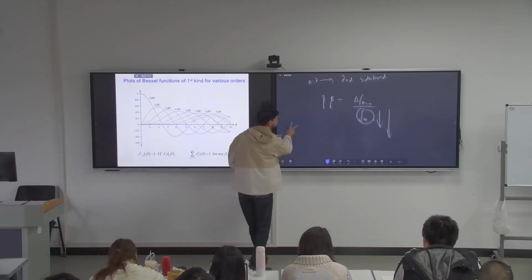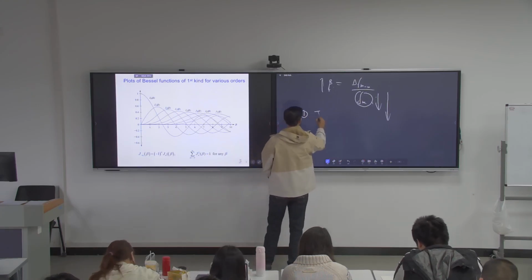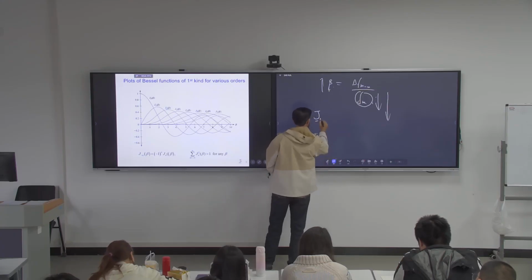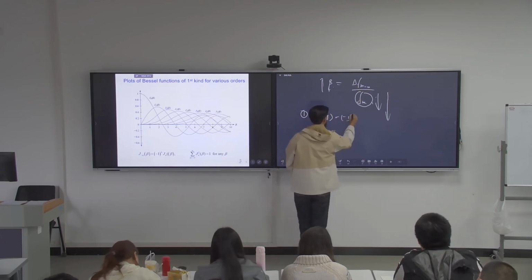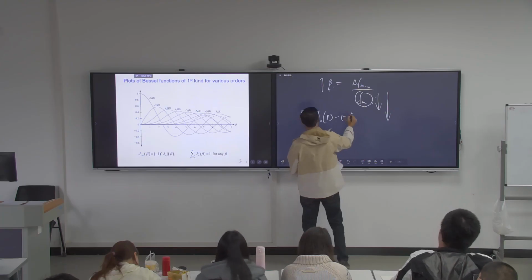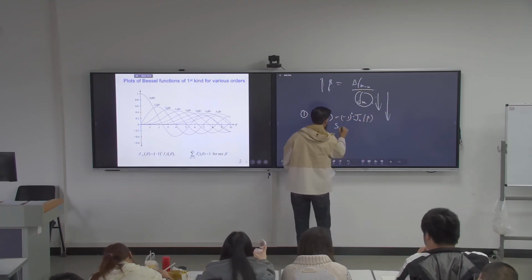So the first property is J minus n beta, that is equal to minus 1 to the power n, times J n beta. This is called the symmetrical property.